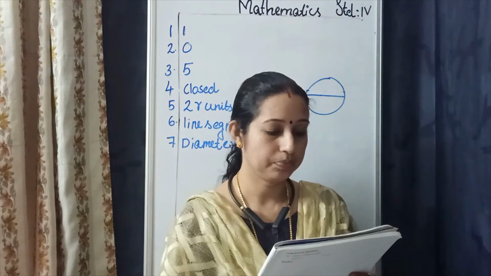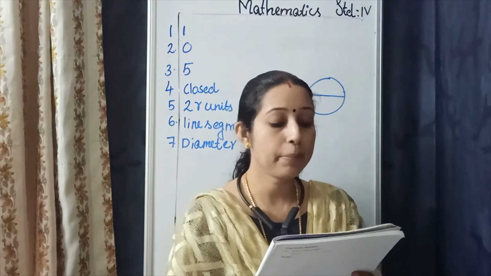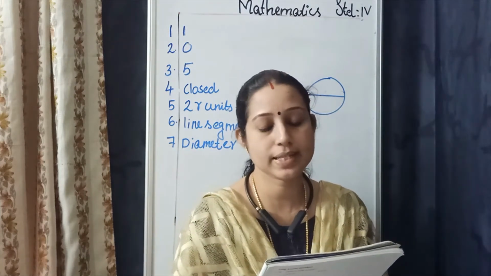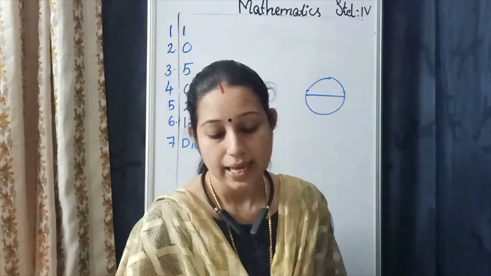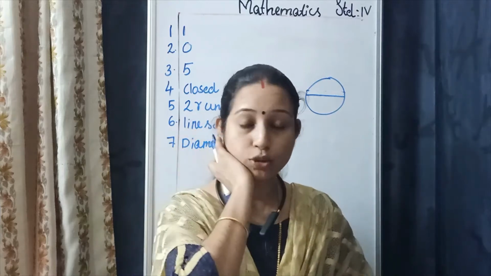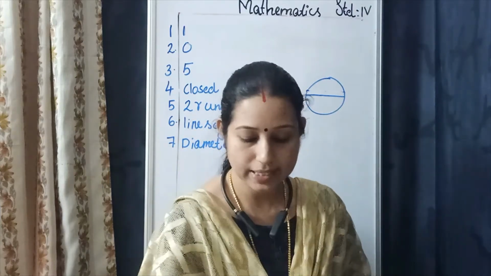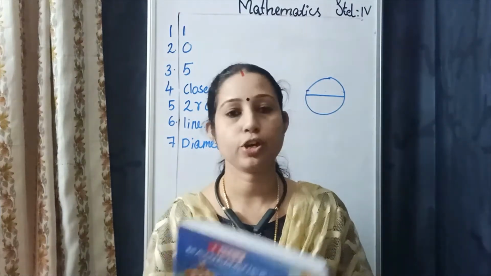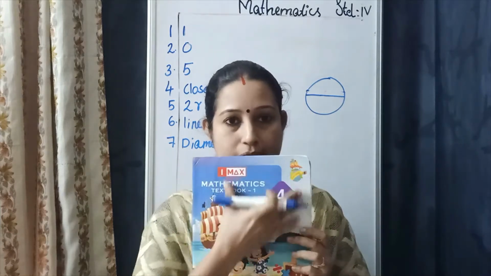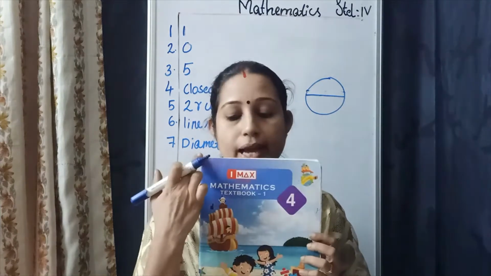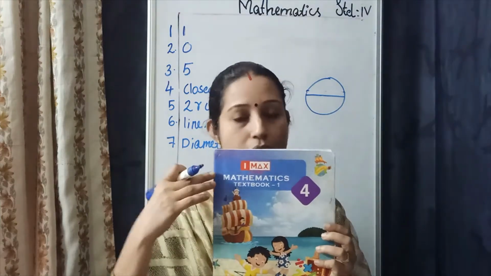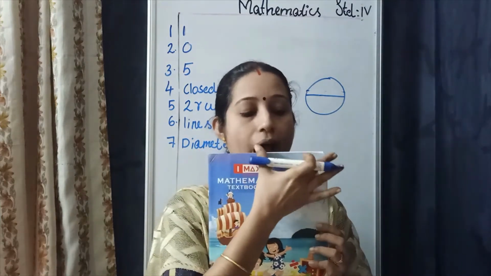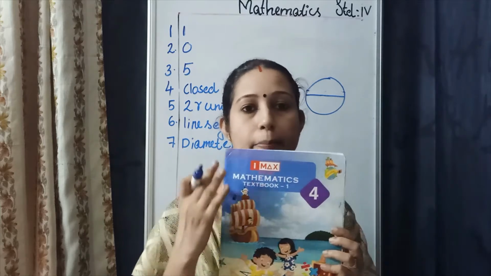Now question number 8. The perimeter of a circle is called its dash. What is perimeter? Perimeter means the total length of a closed shape. For example, the front of your maths textbook is a rectangle. It has four sides, 1, 2, 3, 4. If we add all these lengths, we get the perimeter.